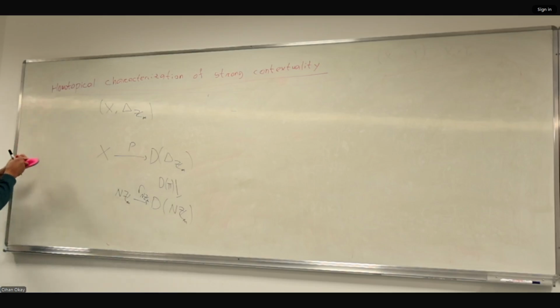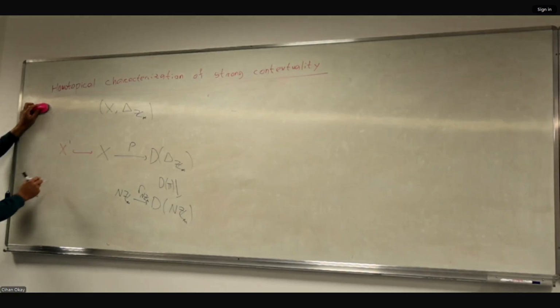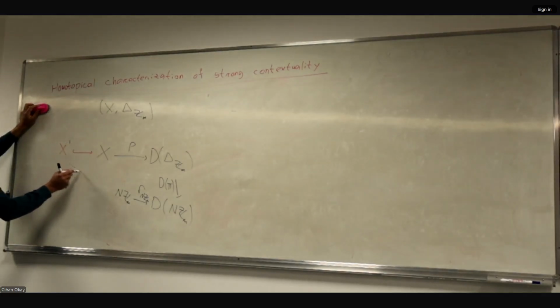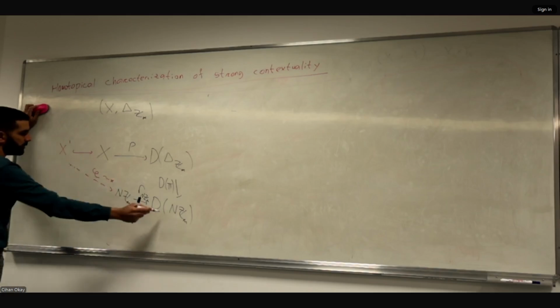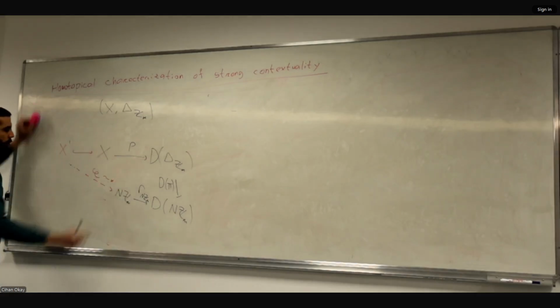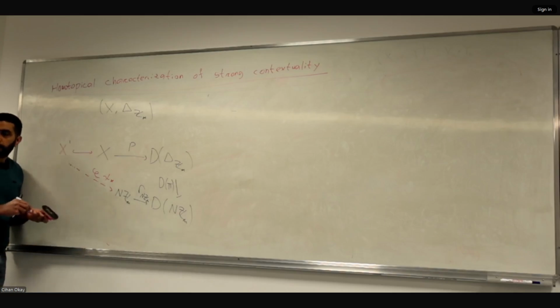If we have some subspace C prime such that this is deterministic and there is a map like this that is not null homotopic, so the diagram commutes, then this is something more general, right?